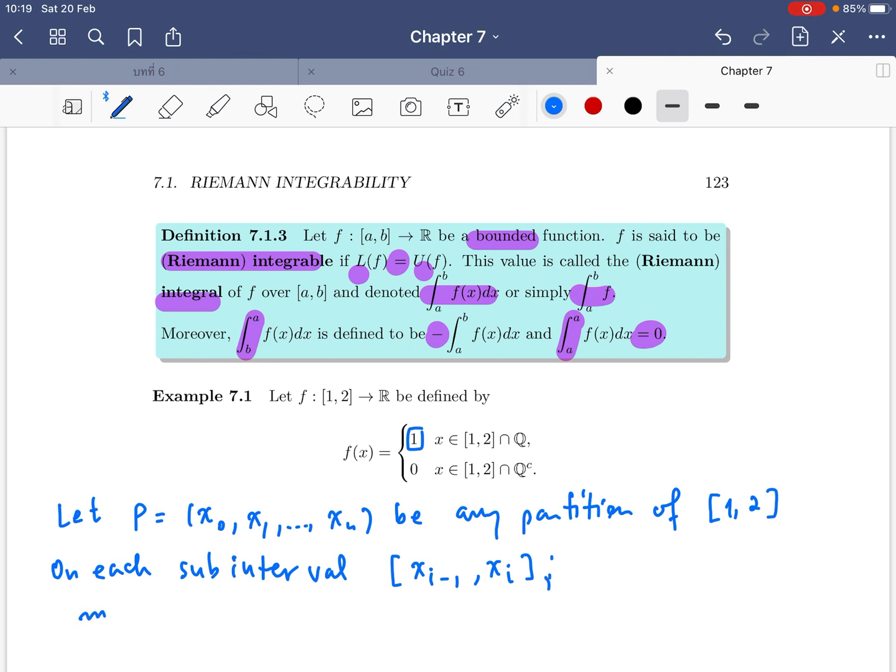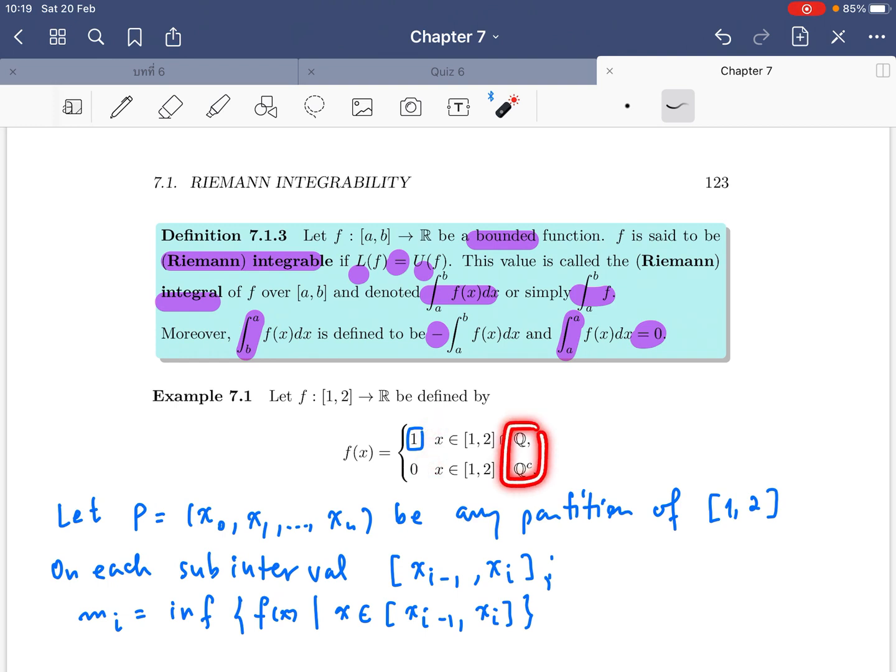Your small m_i will be the infimum of your function f over this subinterval. However, the function value of f can take only two values, either 1 or 0, depending on whether that particular input is rational or irrational inside that closed interval.